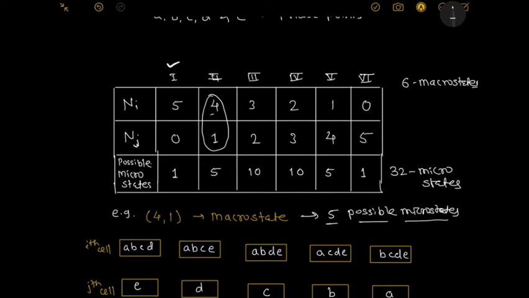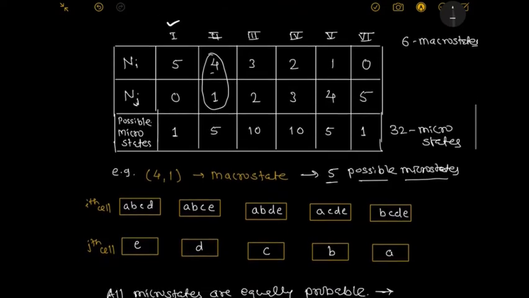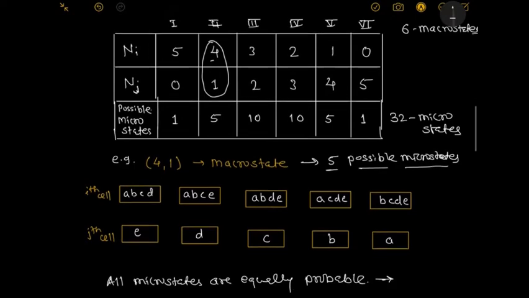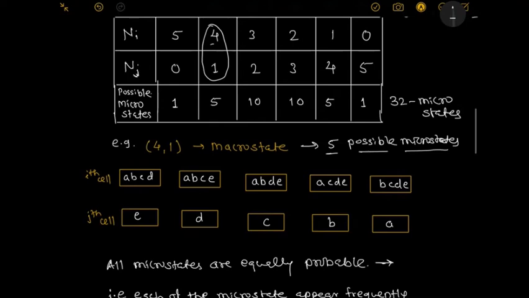Here, if the phase points are continuously shifting between the two cells, there are 32 possible microstates and corresponding 6 macrostates, which means all microstates are equally probable. Each of the microstates appears frequently.